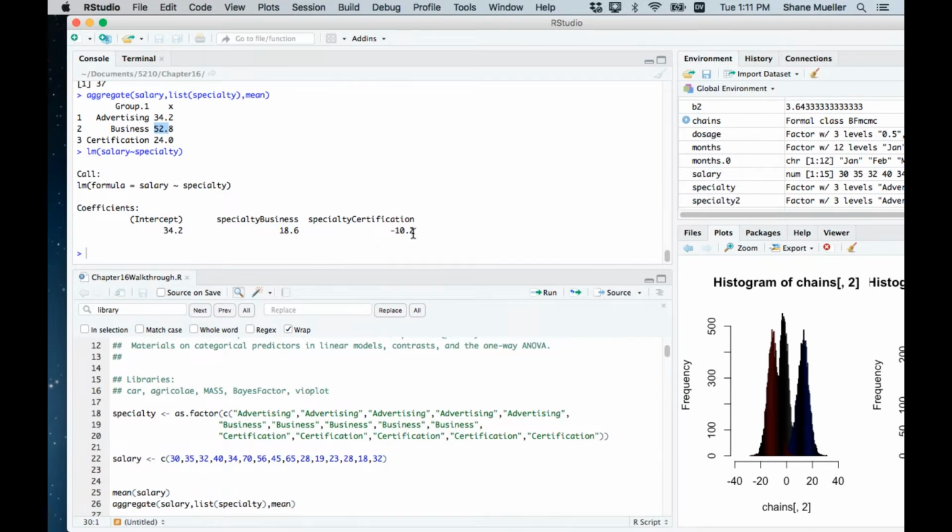Similarly, certification is 10.2 lower than this: 34.2 minus 10.2 is 24. So by default, what it does is it takes the first level and zeroes it out and makes the mean the intercept with respect to the first level, and then the others are coded with respect to that. This is called treatment coding.